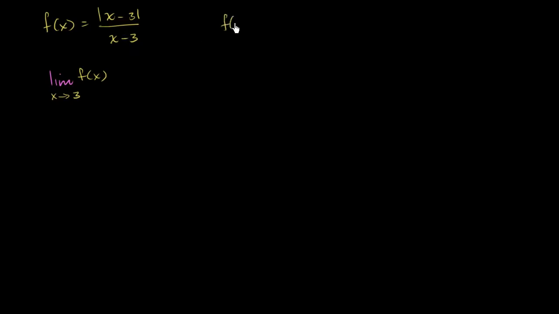So to answer this question, let's try to rewrite the same exact function definition slightly differently. Let's say f of x is going to be equal to, and I'm going to think of two cases: when x is greater than 3 and when x is less than 3. When x is greater than 3, what does this function simplify to?